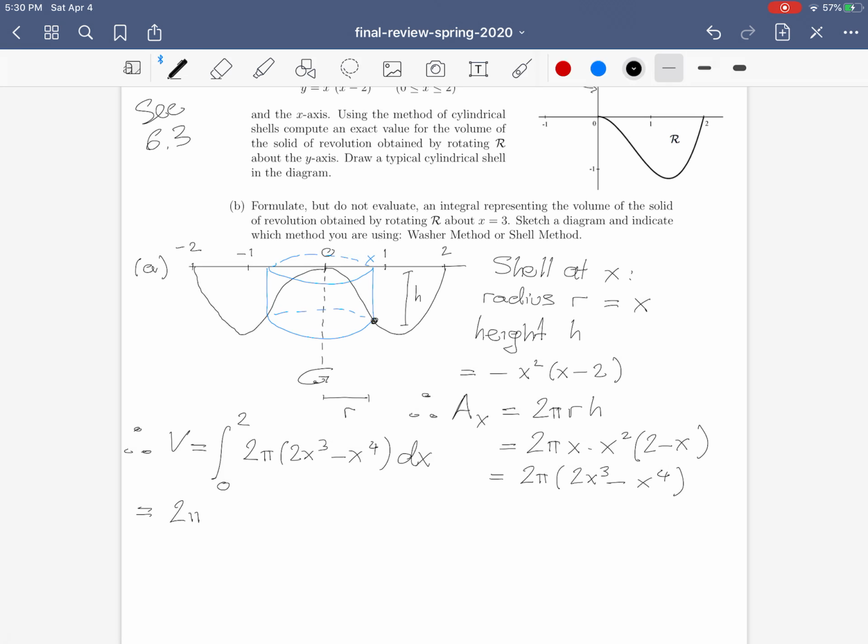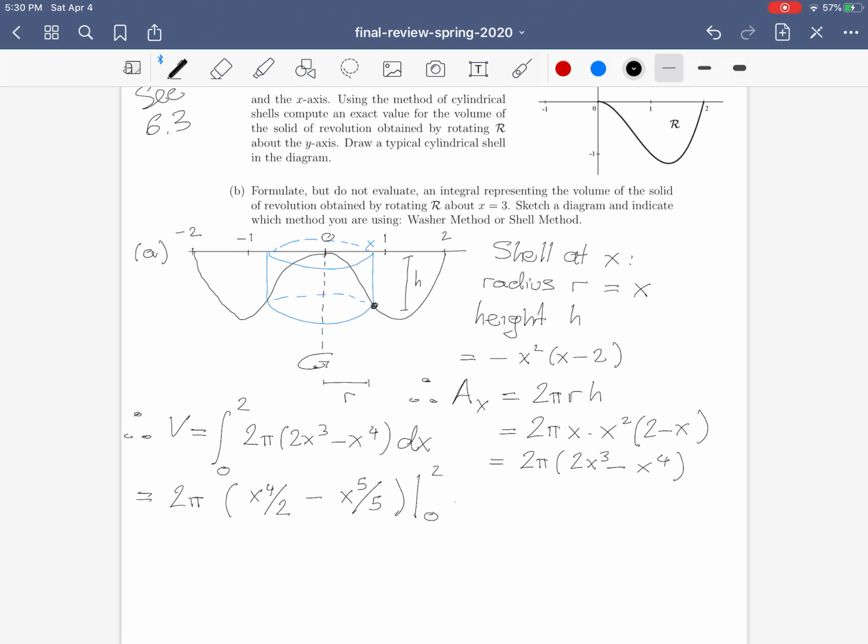So that's equal to 2 pi times, if I integrate 2x cubed, I get x to the 4 divided by 2, minus, if I integrate x to the 4, I get x to the 5 divided by 5, evaluated at 0 and 2. And this gives us 2 pi, 2 to the 4 is 16, so I have 8. 2 to the 5 is 32, so I have 32 divided by 5.